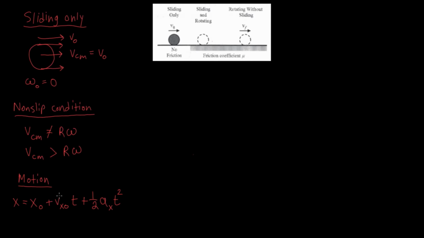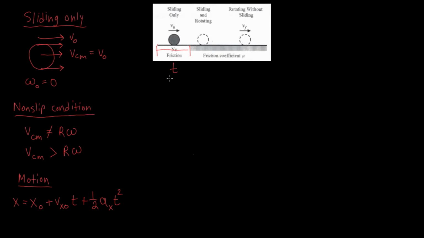And so in this kinematic equation, we wrote the velocity in the x direction initially. And so the velocity in the x direction is just equal to the initial velocity, which is just v naught. And the variable t stands for the time in which the object is sliding only, and that corresponds to this length of time right here.